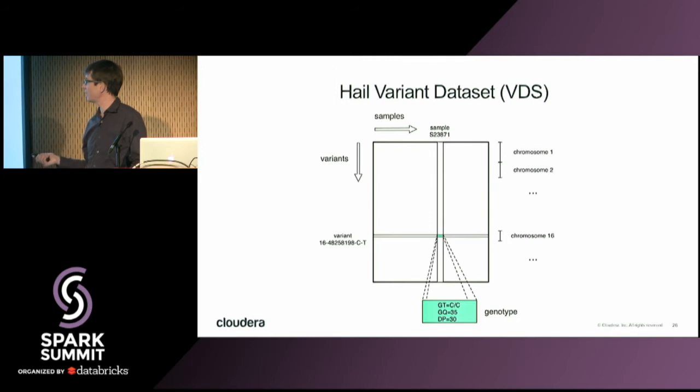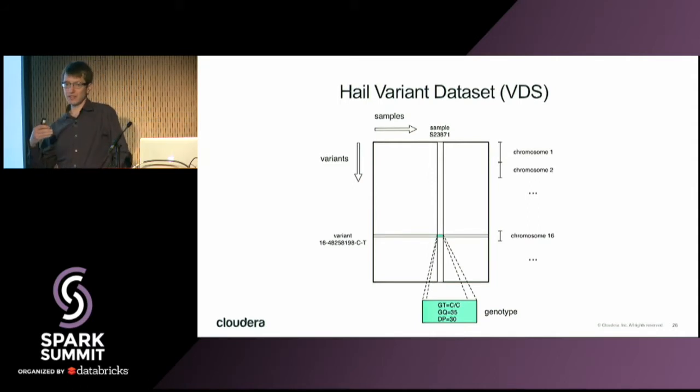So each position is a known variant in the genome. So this is tens of millions of rows with up to 1 million samples, maybe. And then the cell where these two intersect is what that variant was for that individual sample. And that will tell you the letter at that base, typically. And that's called a genotype.